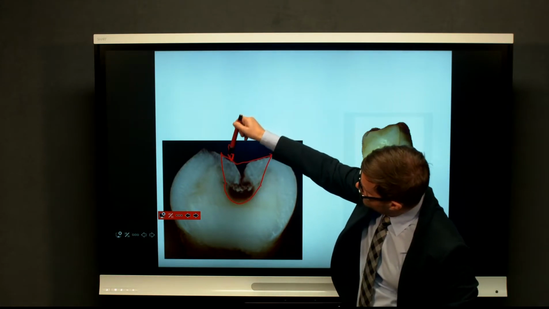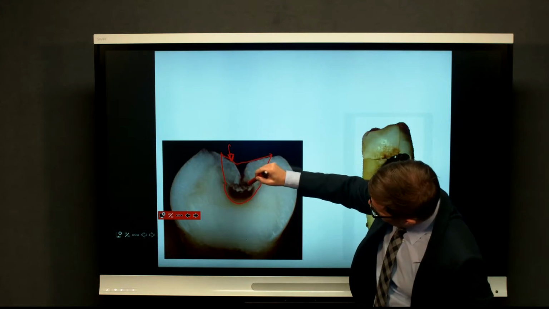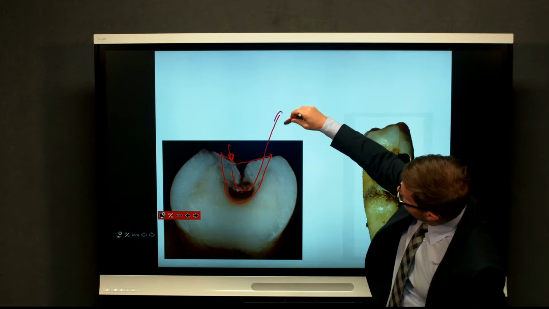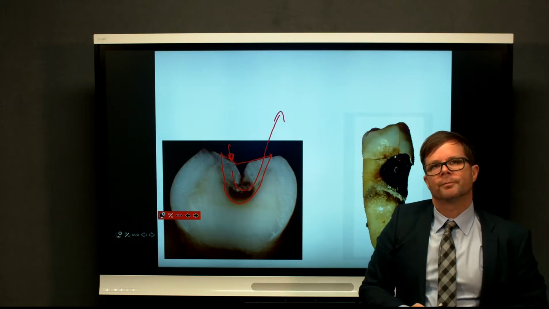What could happen is the force here could actually cause a tipping out of the restoration, right?